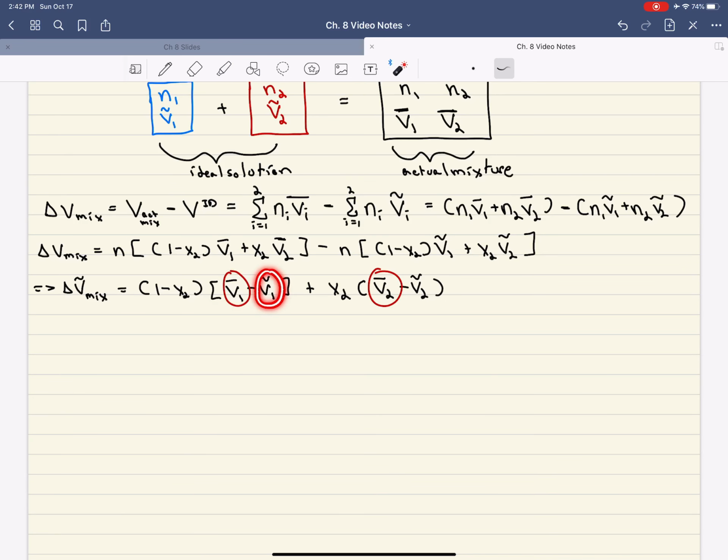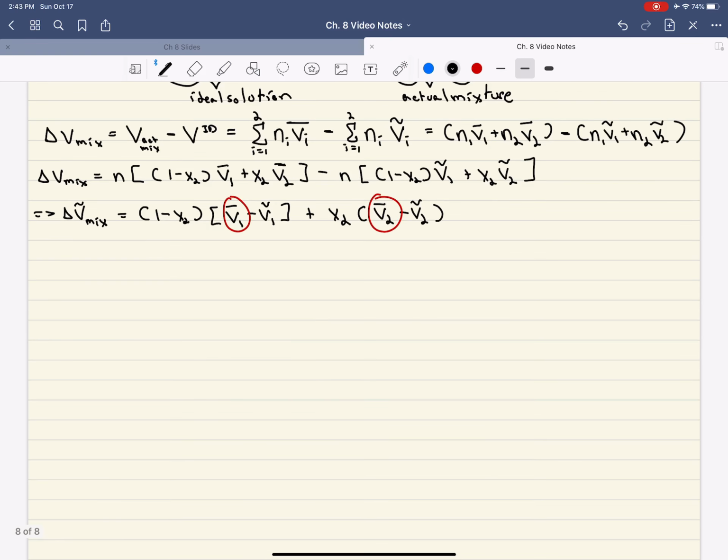The pure molar volumes for the pure species 1 and species 2, that's something we could just look up, from the pure species systems. And then x2, we need some prior knowledge of the composition of our system, but let's say that's something we have. But the partial molar volumes, that's something we're trying to determine. And so we have two unknowns right now, and so that means we need another equation in order to determine all those unknowns. All right?